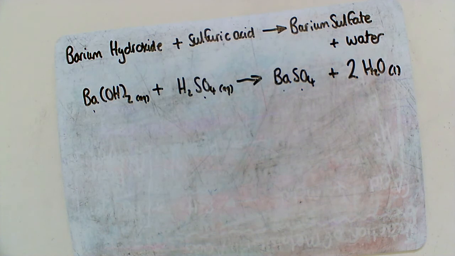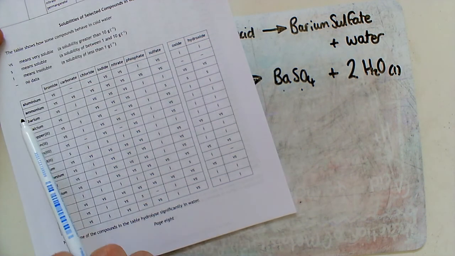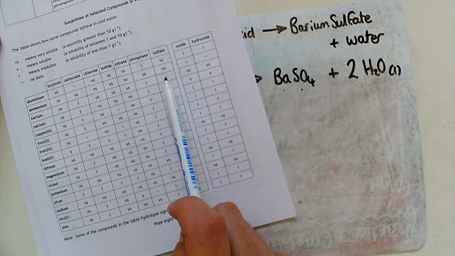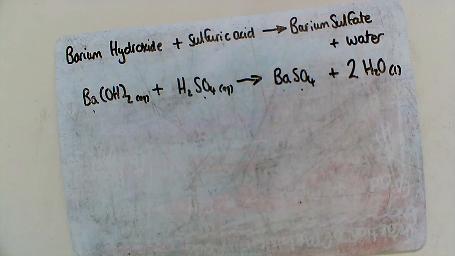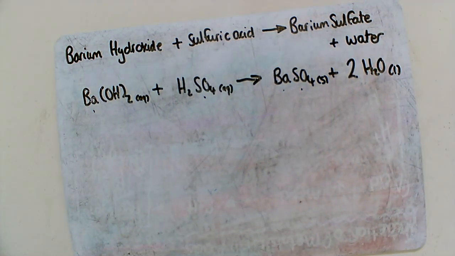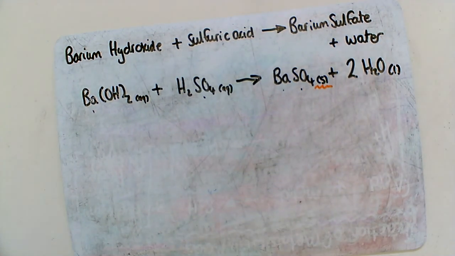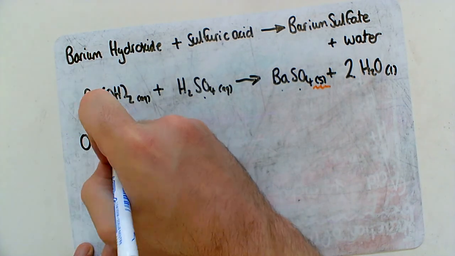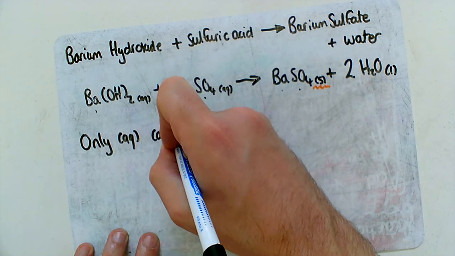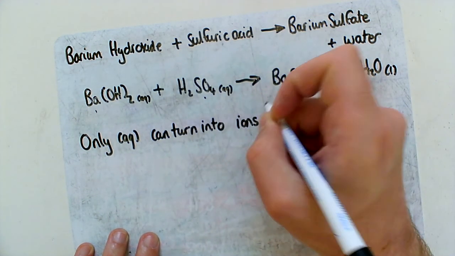Now what we do, just like before, we look at the data booklet and we're looking at barium sulfate. Now barium's here and sulfate is here. Now it's insoluble. So that means we have to write an S there. So let's really highlight that that's an S. Now remember, only AQ can turn into ions.